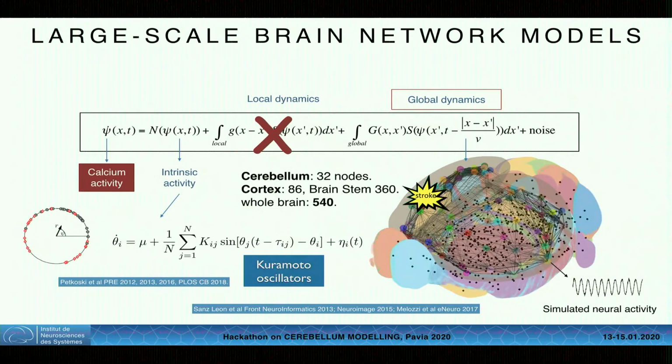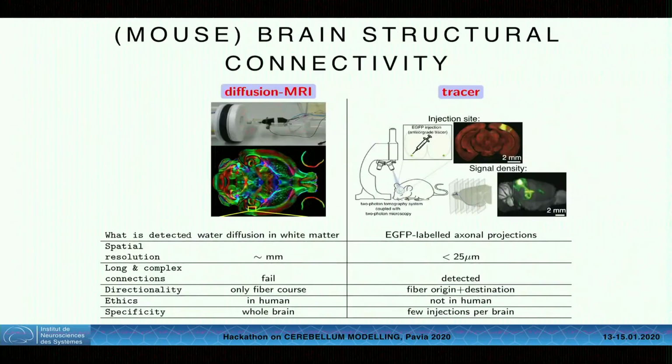And that's why in TVB one can choose different models depending on what question they are asking, what they are trying to model. So about the different structural connectivity, just to mention the main differences. So far we have either tracer data or diffusion MRI. And the spatial resolution is much better in the tracing data.